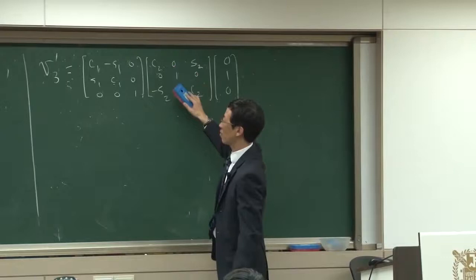Let's do the fifth column. Direction of joint axis 5. Ooh. Okay, I don't want to think about this. So try this at home. And it gets worse.